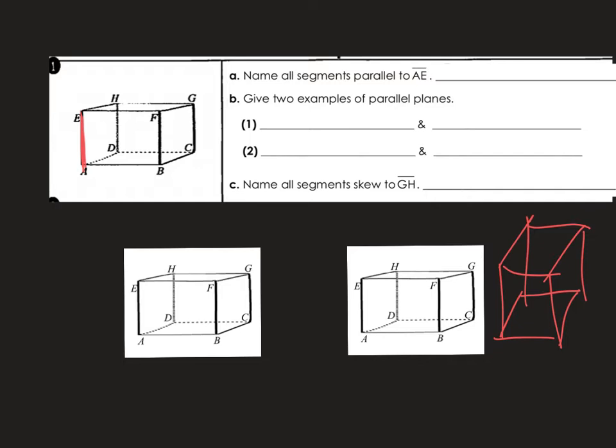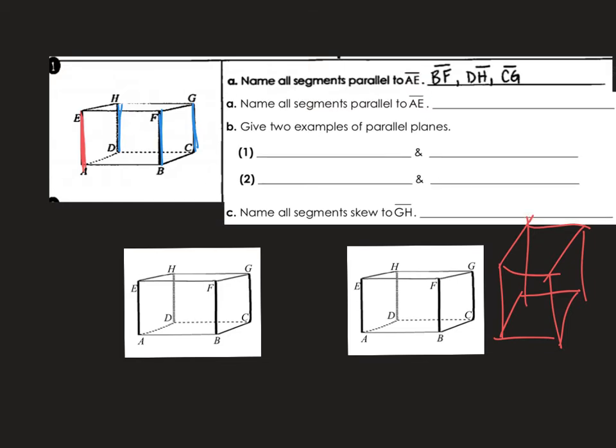All the segments parallel to AE are the ones running up and down, just like AE is. So you've got DH, BF, and CG. Segments BF, DH, and CG. Notice that segment notation.